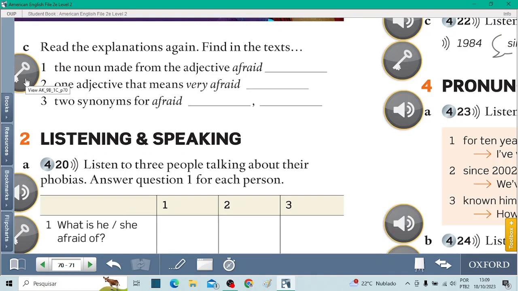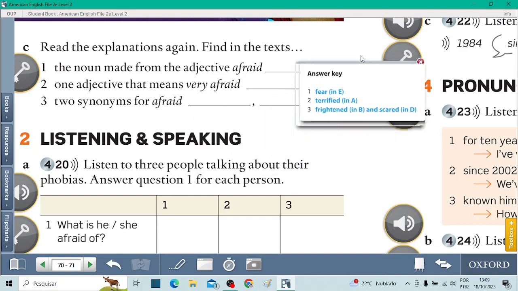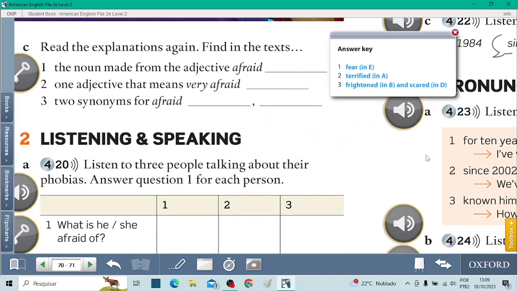Okay, let's check your answers. These are the answers. Okay, so the words fear, terrified, frightened, and scared are also words related to fear.